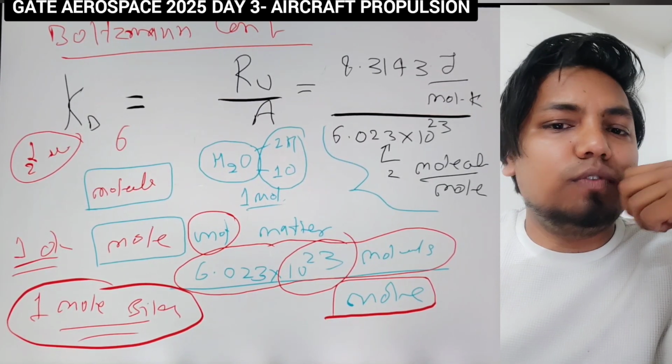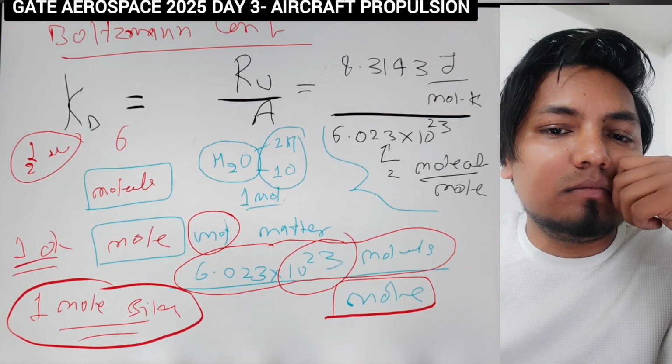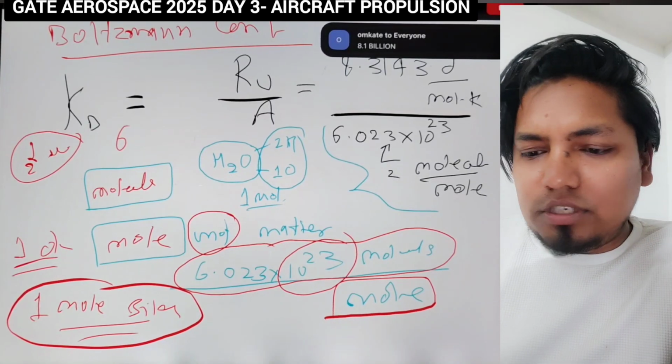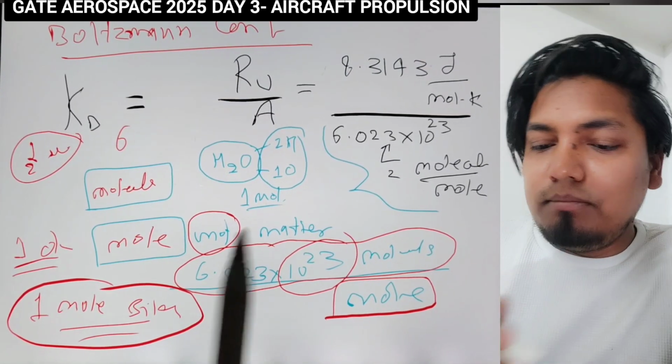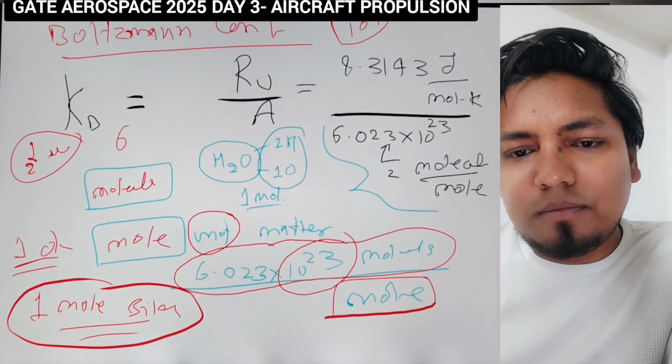Don't you think 9 zeros will come? Yes, 9. Roughly, whatever, 8.1 billion or 7 billion. Check the order, the billion part, not the number. So 10 to power 9, that's all. Only this is the population of the world.